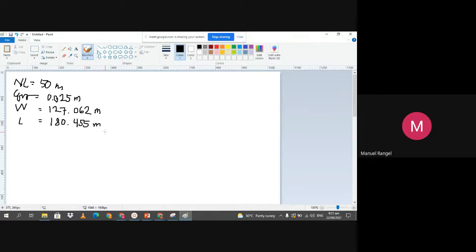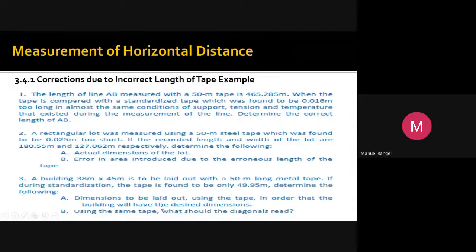So this is the width and the length. Okay, for problem number letter A, determine the actual dimensions of the lot.